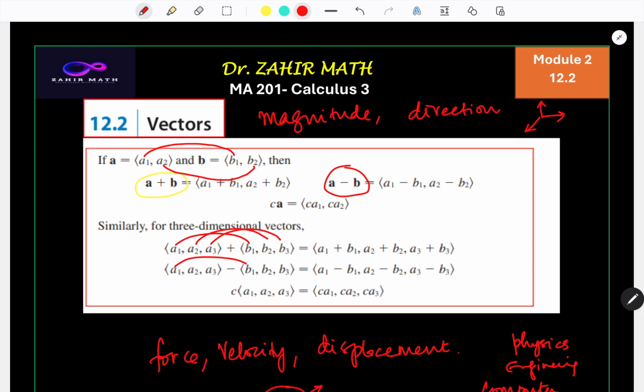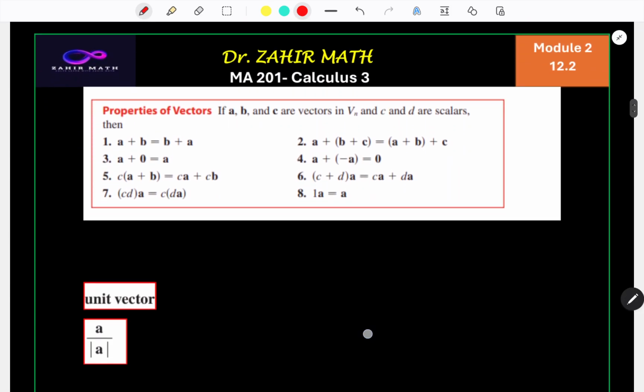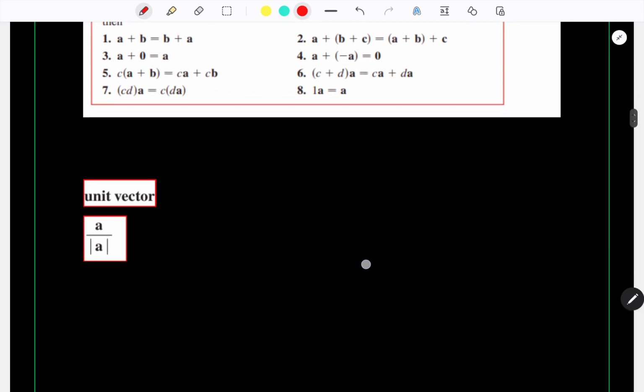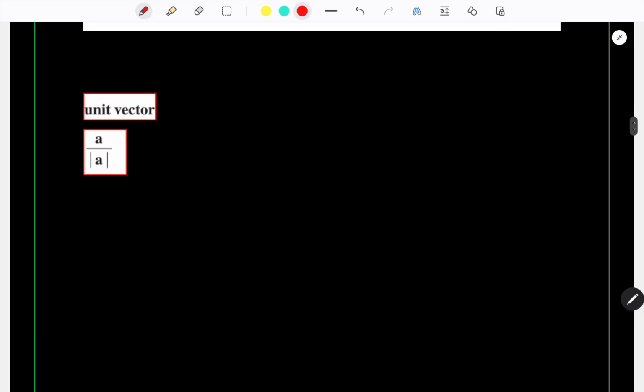Similarly for subtraction: a1 minus b1, a2 minus b2 and a3 minus b3. And scalar multiplication, as I told you, is where we multiply by some number. These are all properties of vectors. No need to remember; we can use them directly when the problem situation comes.